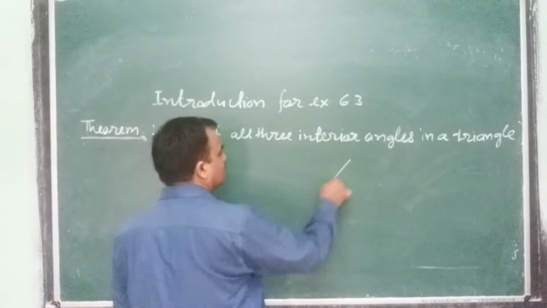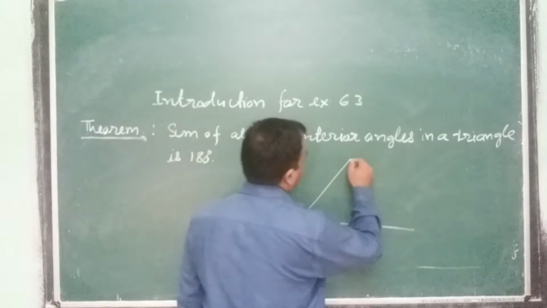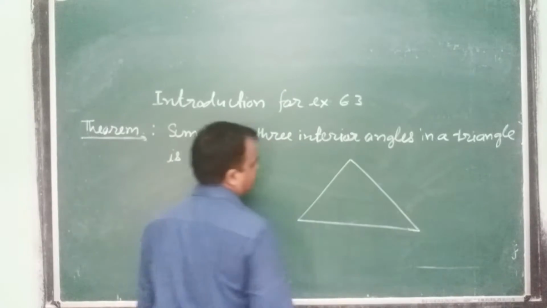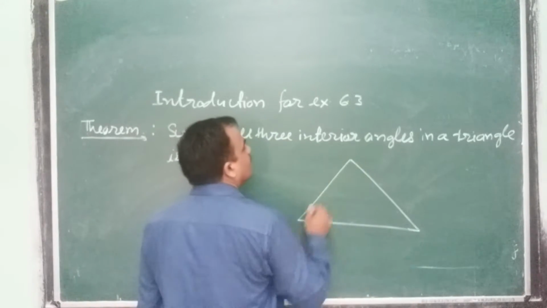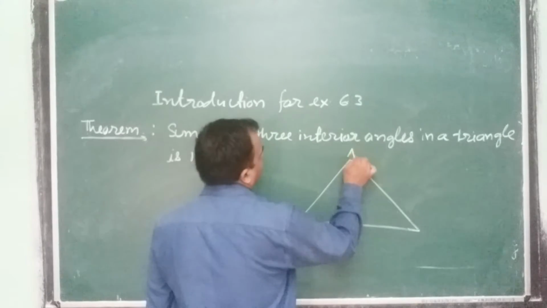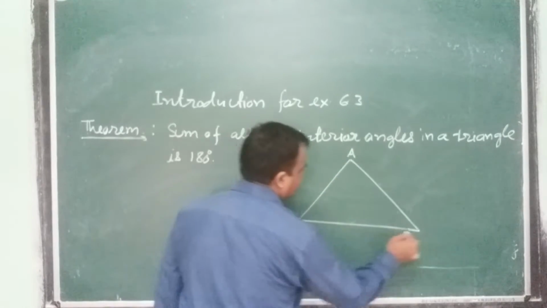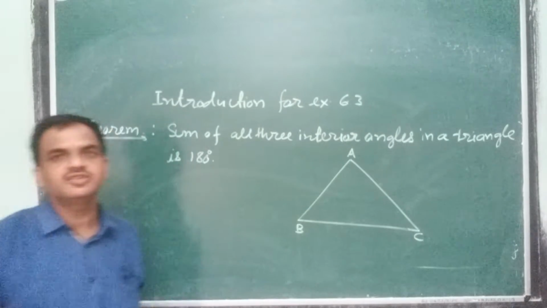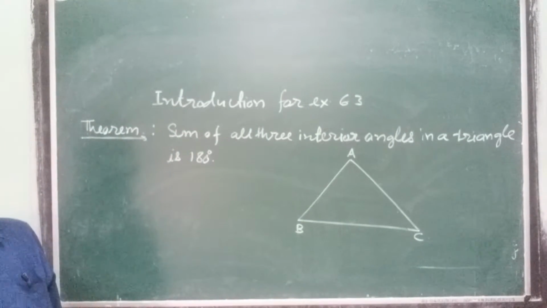First of all, you will be drawing a triangle. Let us give the name of this triangle as ABC. ABC is the triangle. Is it clear?